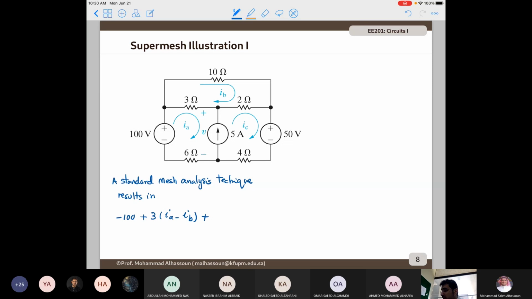We can label it V, plus 6 IA. So if we simplify it, we're going to get 9 IA minus 3 IB plus V equals 200. And this is the first equation.